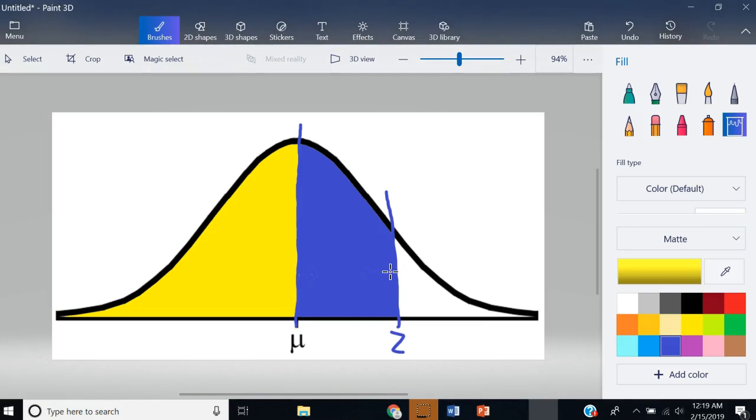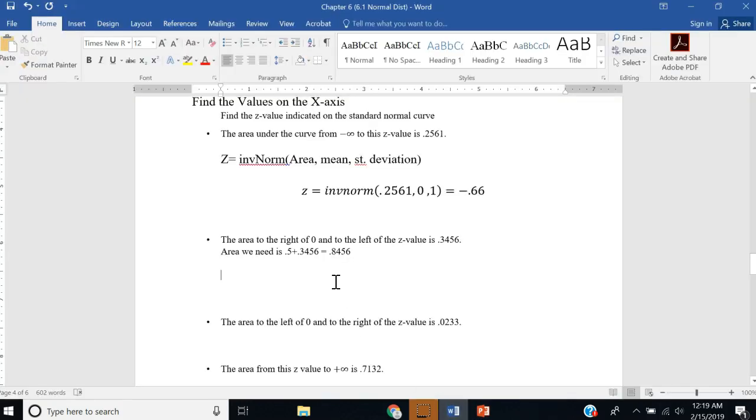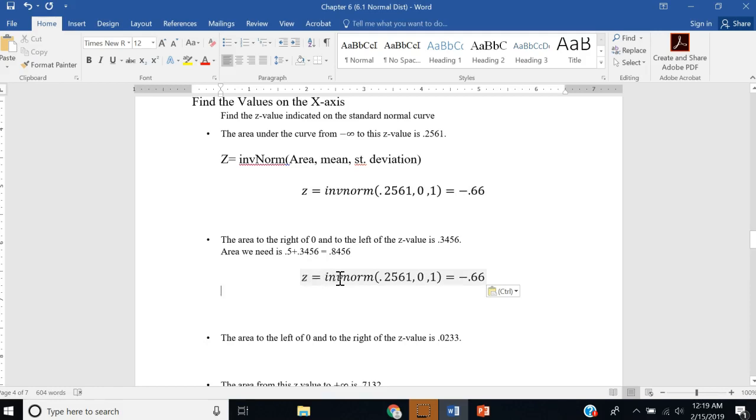I need the combined total of blue plus yellow. So that's what I would suggest doing rather than trying to memorize a bunch of, well, this word means I add 0.5, this word means I subtract 0.5, and so on and so forth.